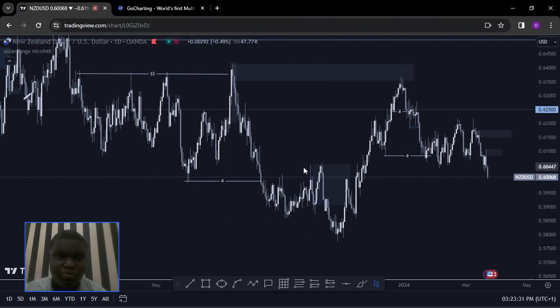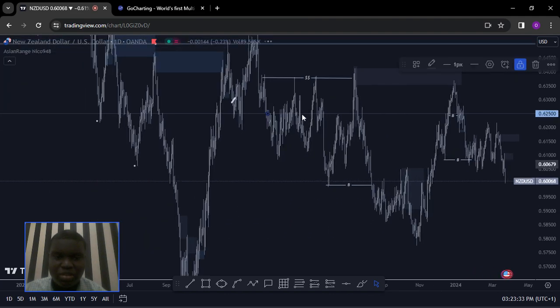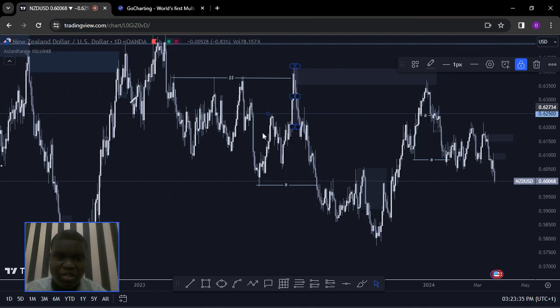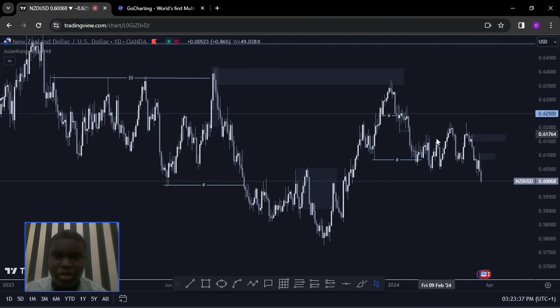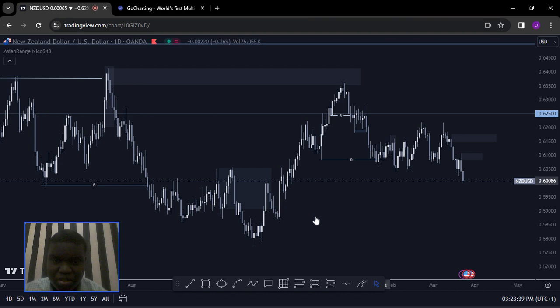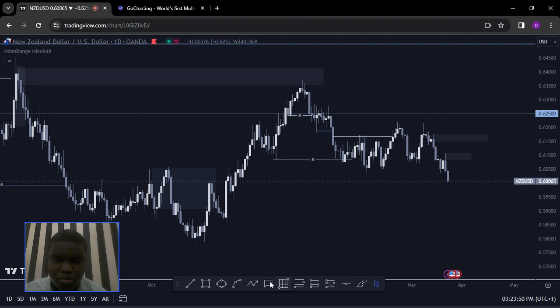So the same thing that happened here when market took out all of this liquidity is what happened here again. Notice how the market came here, took out all of this liquidity down here, all of this, then used the supply zone here. So after market took out this liquidity, it broke structure to the downside.